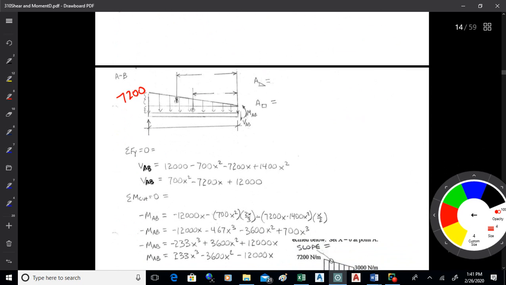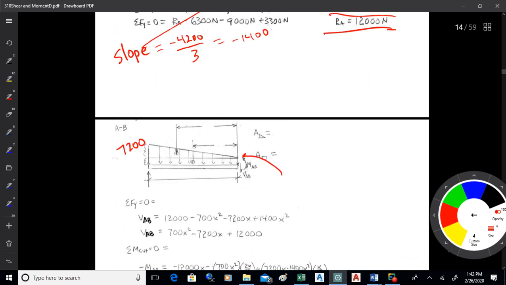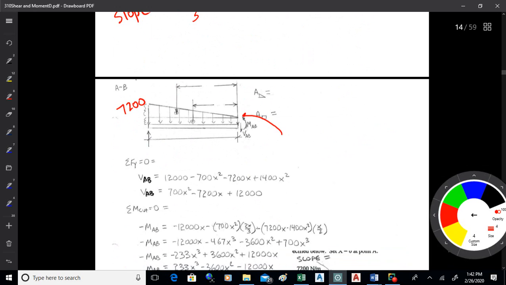So if that's the case, this value right here is, I start at 7,200 and then I drop by 1,400x. And if that's the case, then I can get the height of the triangle and the height of the rectangle.